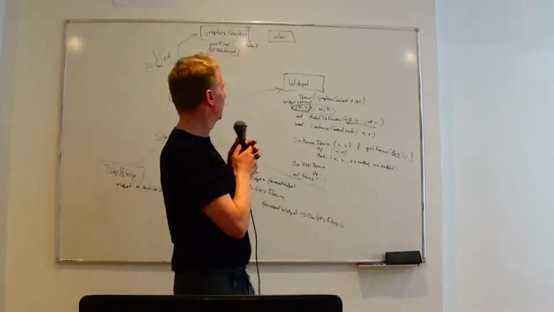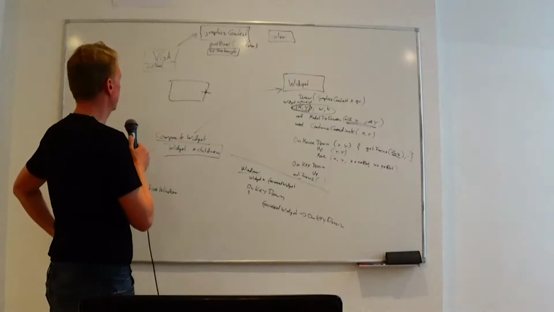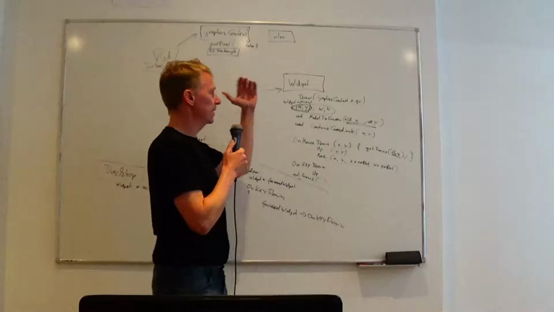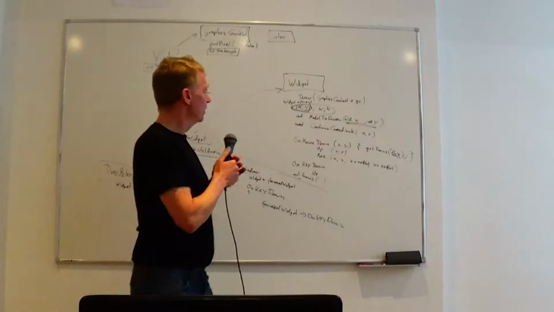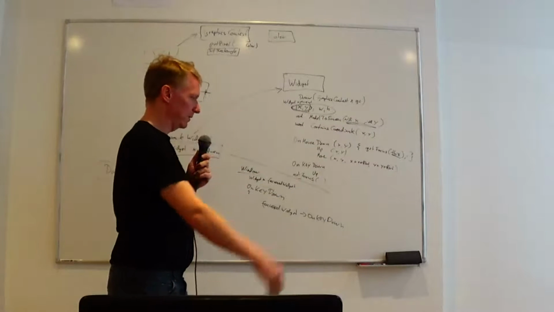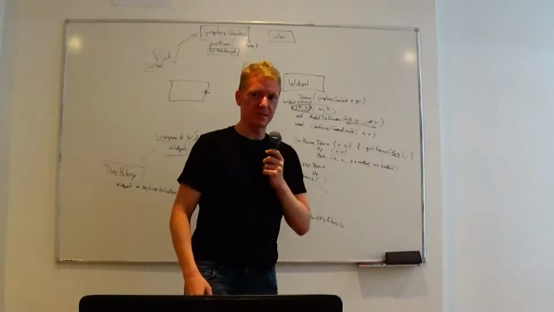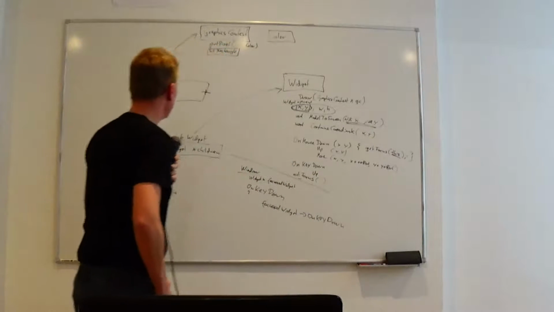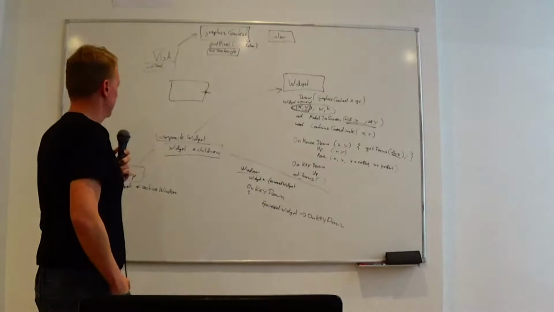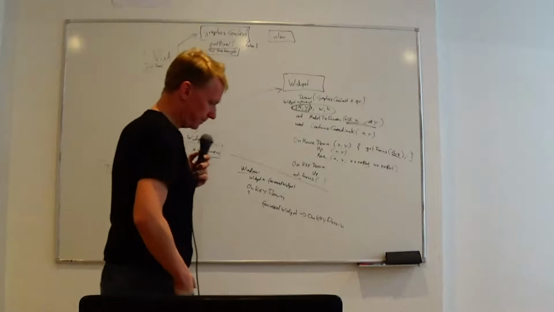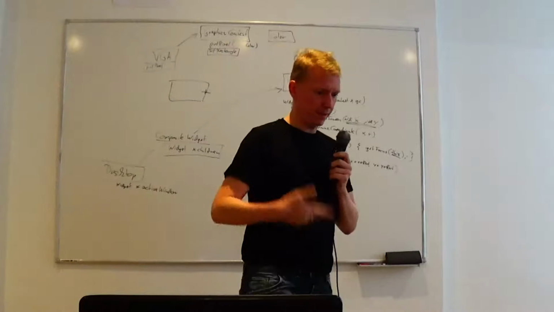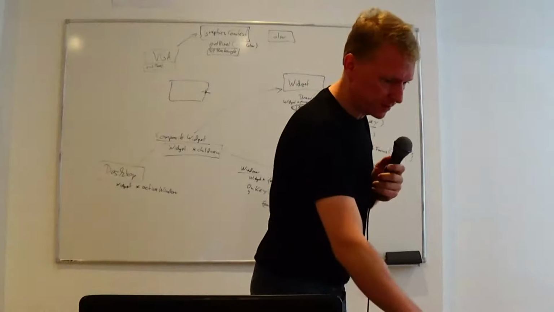I mean, I think you can imagine now how to create further widgets like buttons and text boxes and radio buttons and checkboxes and all these. So I don't want to go any further into this topic.